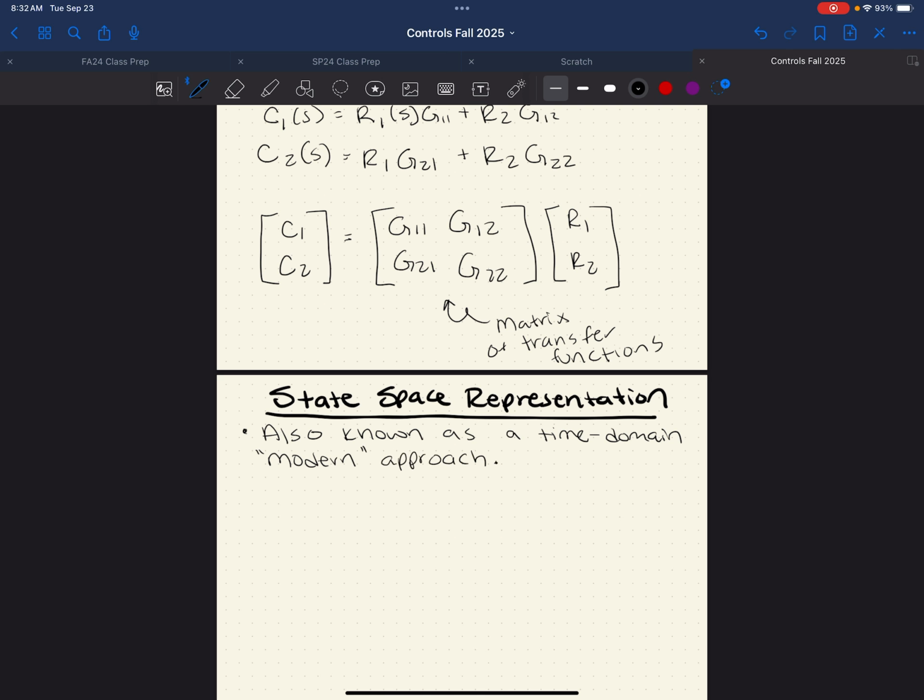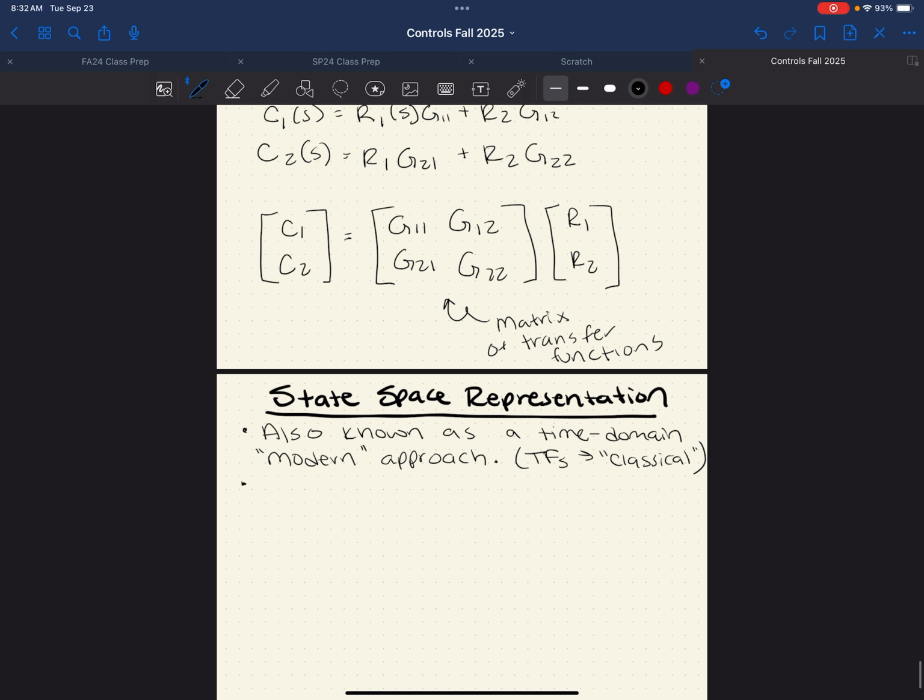And I say modern because usually we refer to transfer functions as being classical controls. All right, and this state space representation is easier for handling MIMO systems, multi-input, multi-output systems.